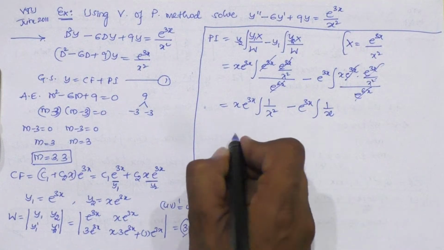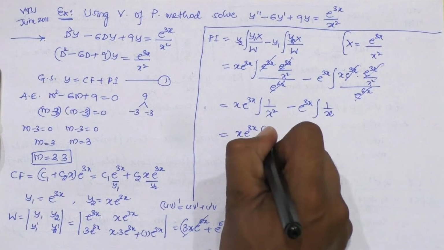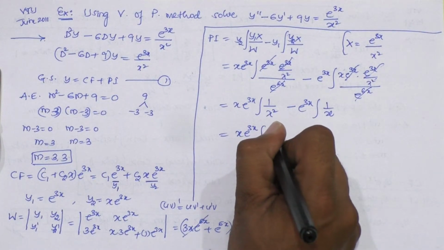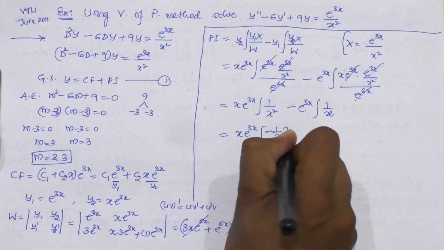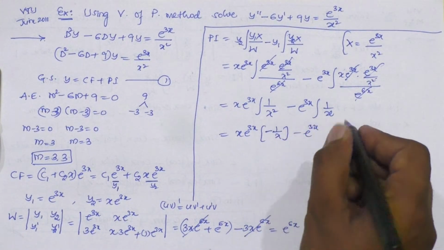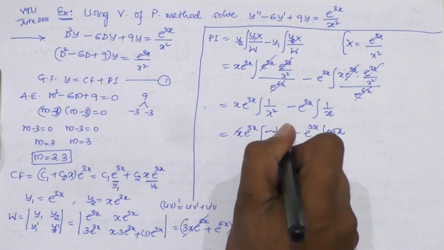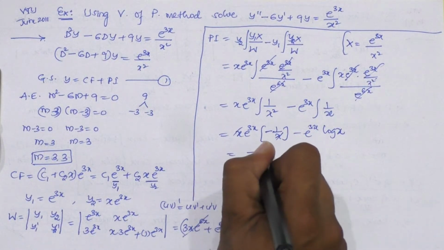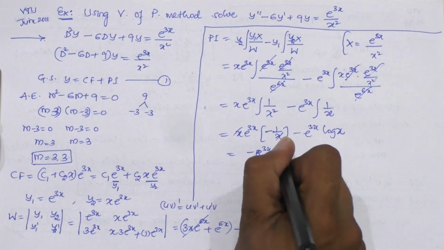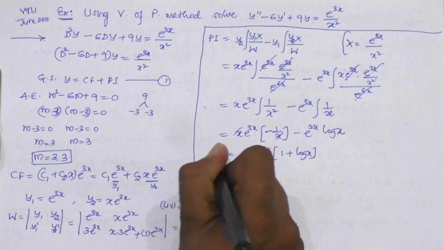Now x e raised to 3x into integration of 1 by x square, which is x raised to minus 2, integrates to x raised to minus 1 by minus 1, which is minus 1 by x, minus e raised to 3x into integration of 1 by x, which is log x. Here x cancels. Take the minus sign and e raised to 3x common: minus e raised to 3x, if you take outside, you get 1 plus log x. So this itself is PI.